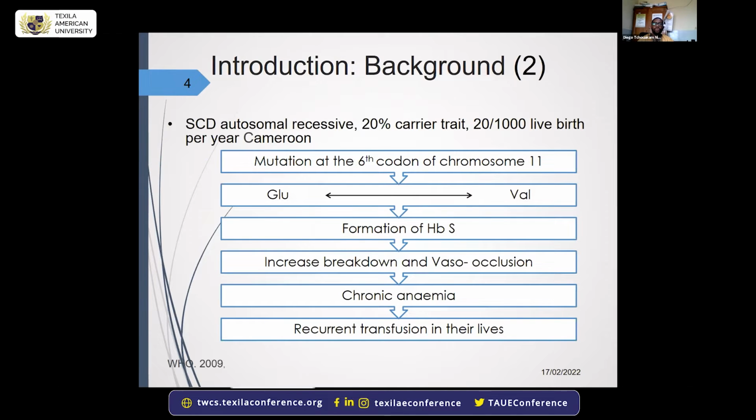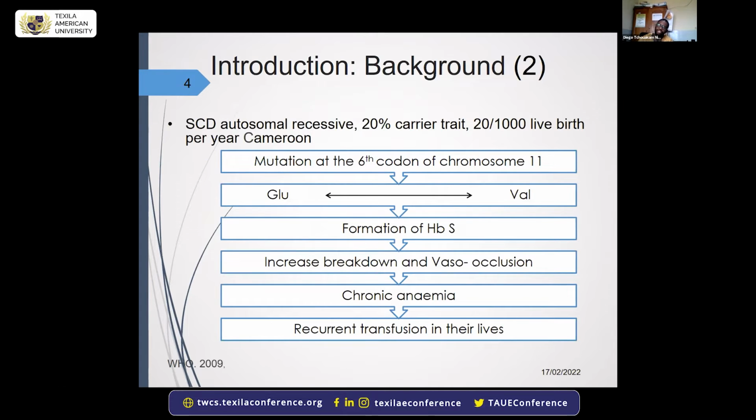We also want to look at sickle cell patients. Sickle cell disease is an autosomal recessive condition with a 20% carrier trait worldwide, and 20 per 1,000 live births per year in Cameroon are born with sickle cell.